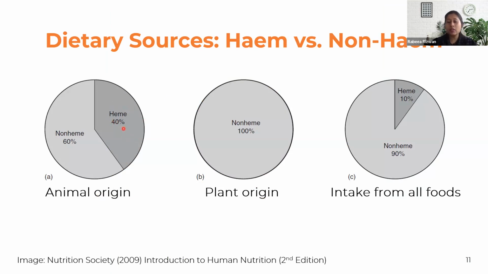Heme means, for example, in our blood, we contain the heme protein that contains more iron. So this animal origin iron, the heme, contains more iron and has greater absorption in our body, which is 30% more than the plant origin. So we can divide the sources of iron into heme sources, non-heme sources, plant sources, and animal sources.